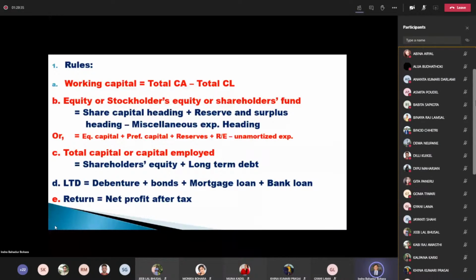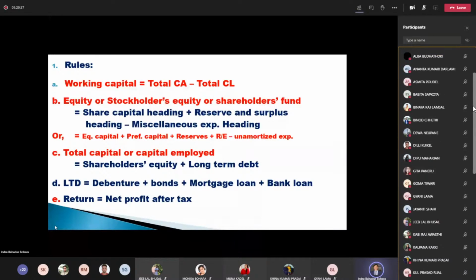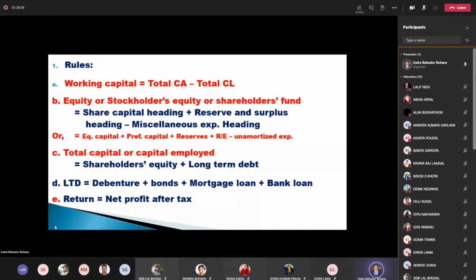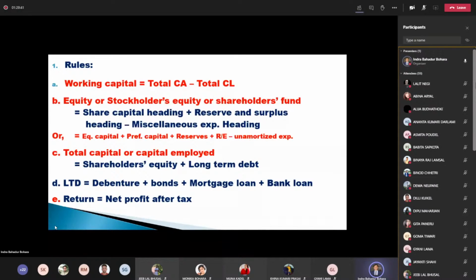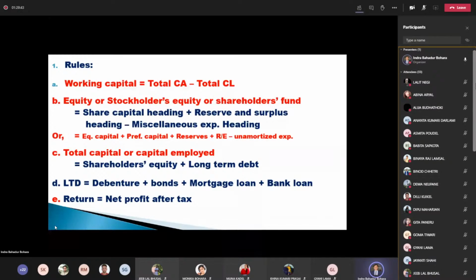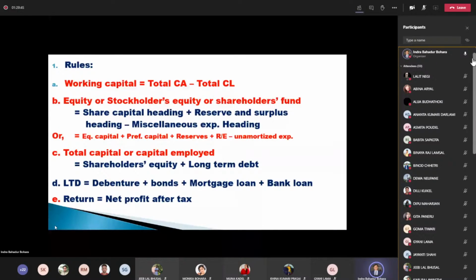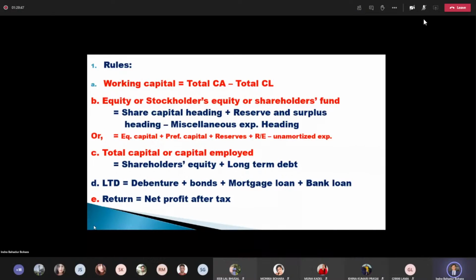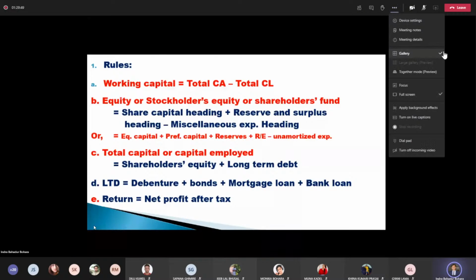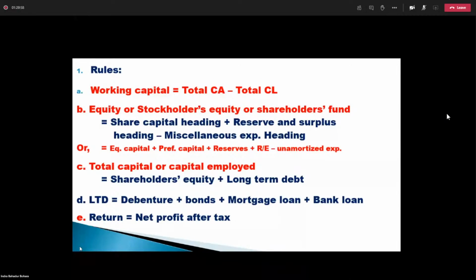Besides this, if there are any unamortized expenses like preliminary expense, underwriting commission, discount on issue of share, or accumulated loss, instead of surplus there may sometimes be an accumulated loss. That loss will be deducted, as shareholders have the responsibility to compensate.